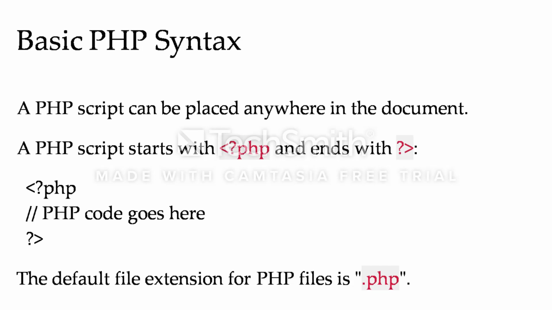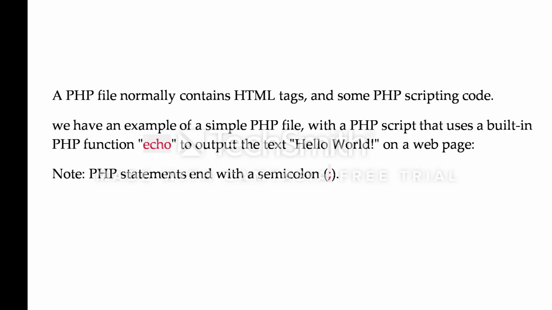A PHP script starts with less than sign and question mark php and ends with question mark and greater than sign. You can write your code in between. The PHP file extension is .php. A PHP file contains HTML tags and some PHP scripting code. Note that every statement in PHP ends with a semicolon.